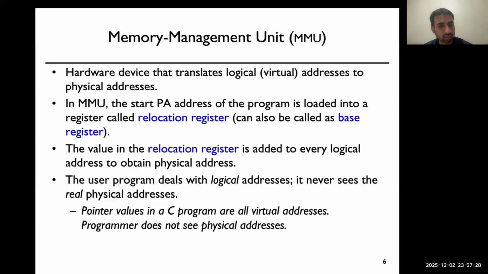It is not the physical address. But when the access is actually performed in the memory chip, before performing that access, that address of Y is changed into a physical address. So the user program deals with logical addresses and never sees the real physical address.